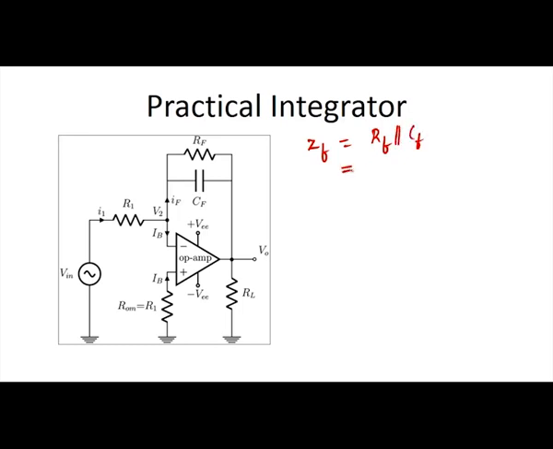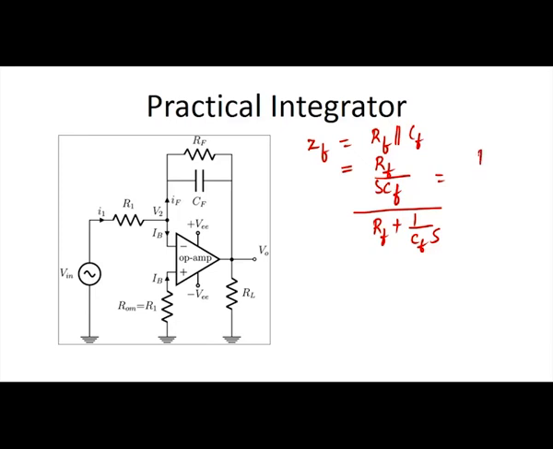So what is the parallel combination of RF and CF? We have to calculate. RF into 1 by CF, and when you take it into the S domain, you have to include the S parameter for the capacitor, divided by RF plus 1 by CFS.